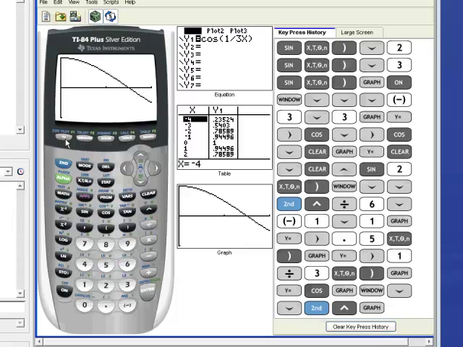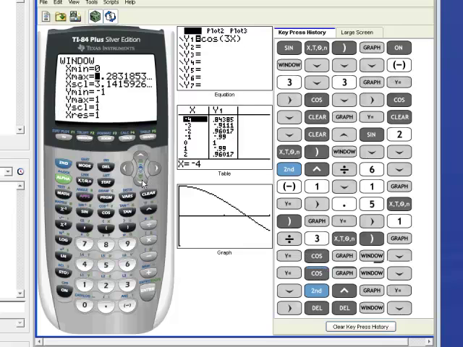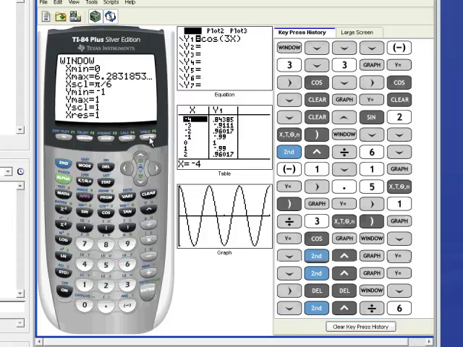Okay, one more. It says cosine 3x to be graphed, and the window setting is supposed to change to a scale of pi over 6 again. And then I graph that.